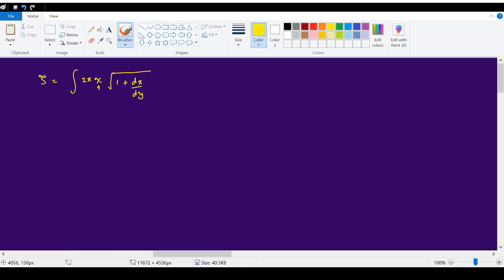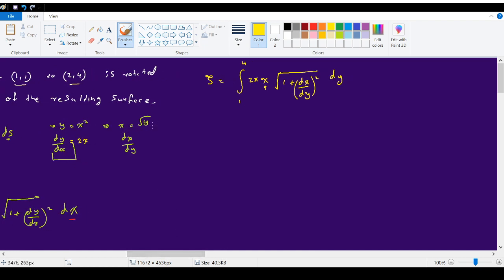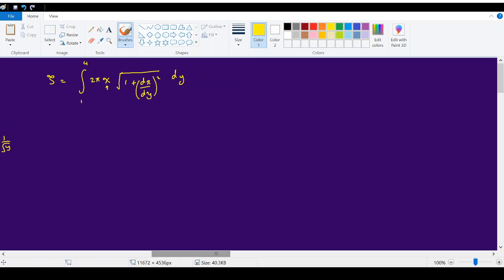So we have the square root of 1 plus (dx by dy) squared, dy, from 1 to 4. And remember x is equal to the square root of y, so dx by dy will be equal to half over the square root of y. And then again it's just a matter of doing the integral properly.